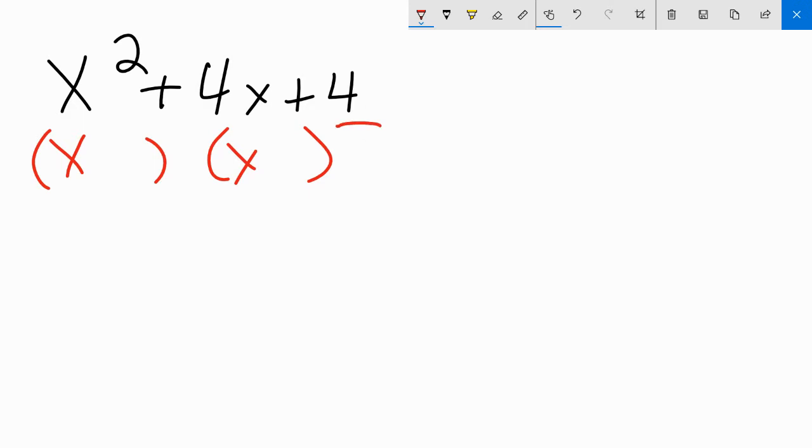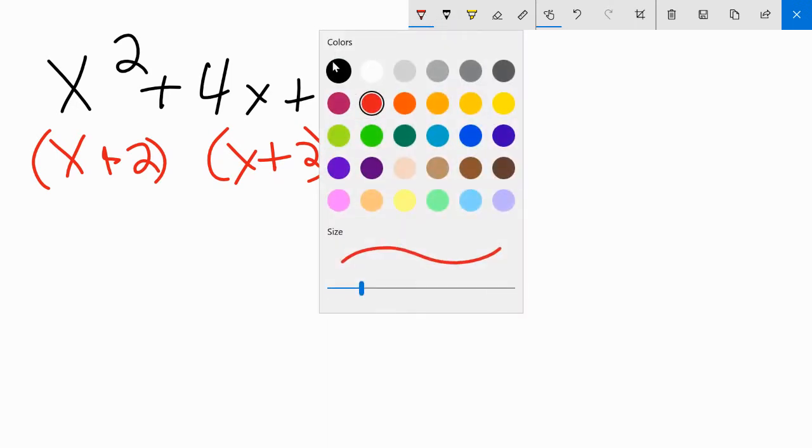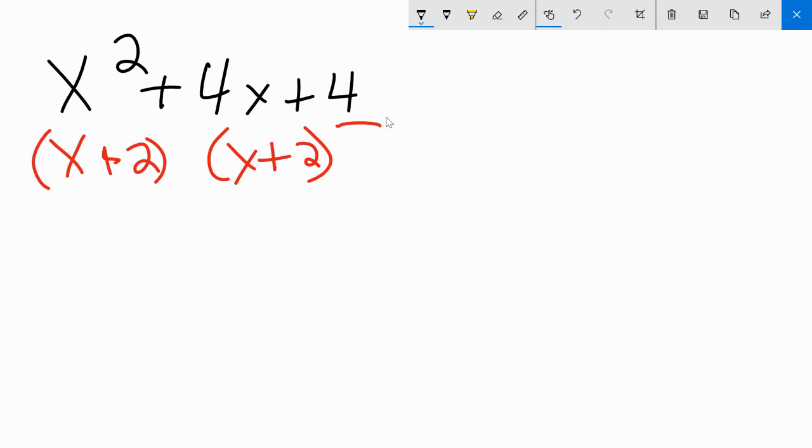You list the combinations, but I think y'all know this by now. Y'all can just look at this and know this would be plus 2, and this would be plus 2, and that'd be it.